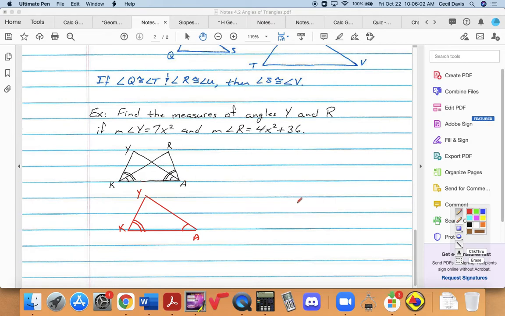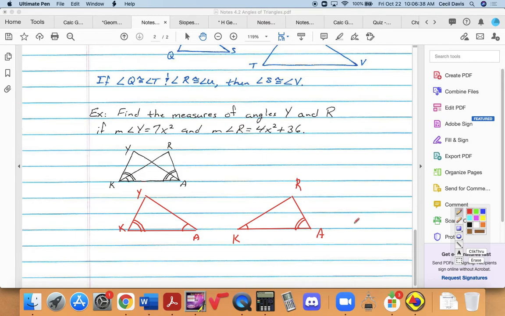And then I'll look at triangle YAK, or excuse me, RAK. Let's cheat and use my straight line drawer. So it's the little angle at K, so that only has 1 arc on it. And it's the big angle at A, so that has 2.